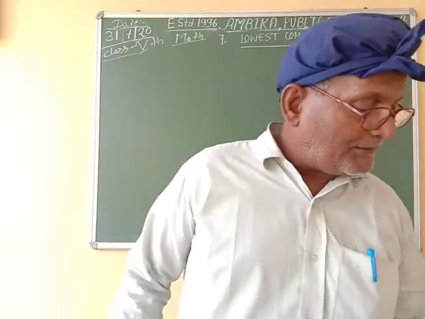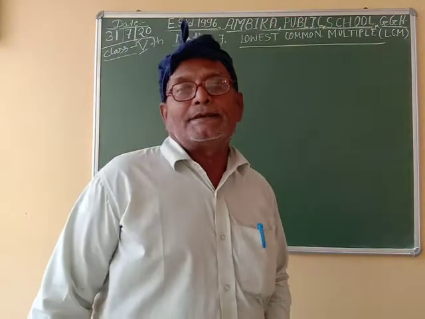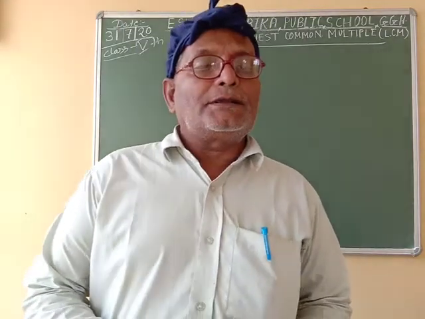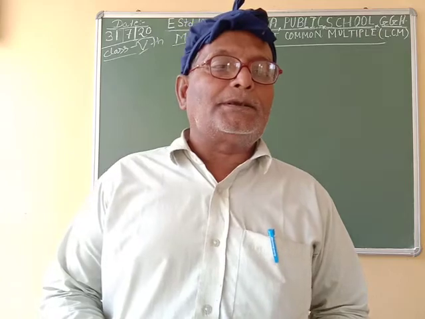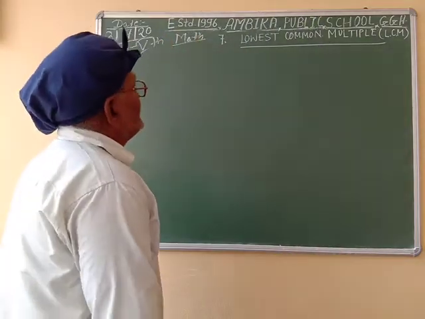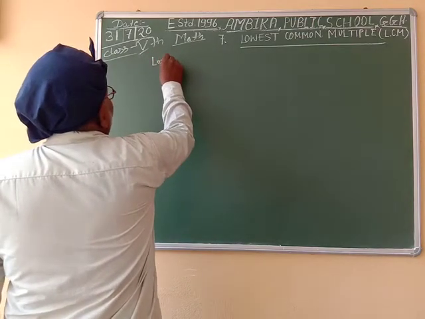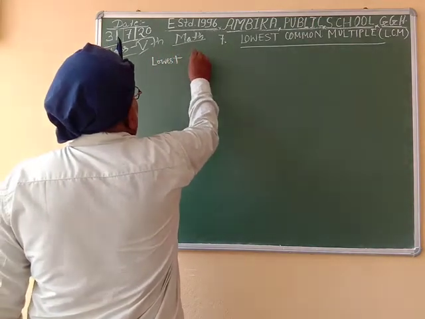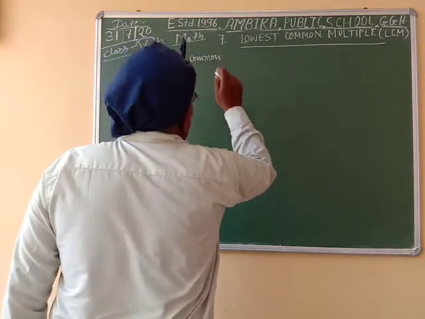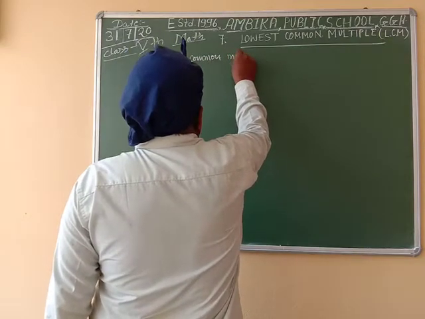The lowest common multiple of two or more given numbers is the lowest number which is a multiple of each of the given numbers. The definition of LCM: lowest common multiple, abbreviated as LCM.